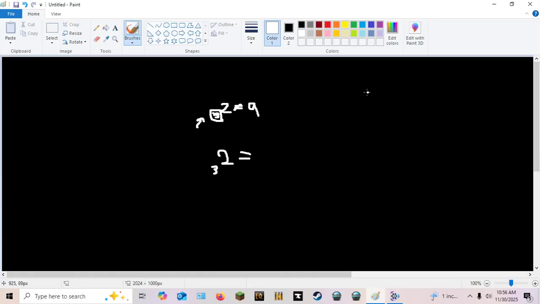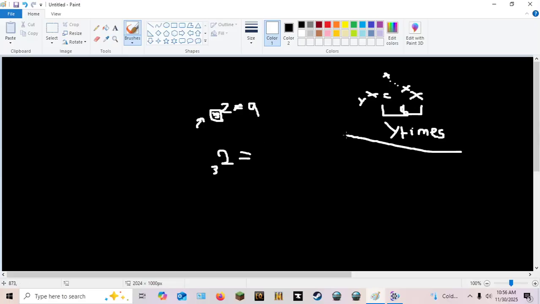So basically, when it's x pentated to y, this actually equals x tetrated to x, so on, tetrated to x, and that whole thing is y times. So we gotta tetrate x y times. Okay, so we gotta follow this rule over here, and then let's calculate step by step.